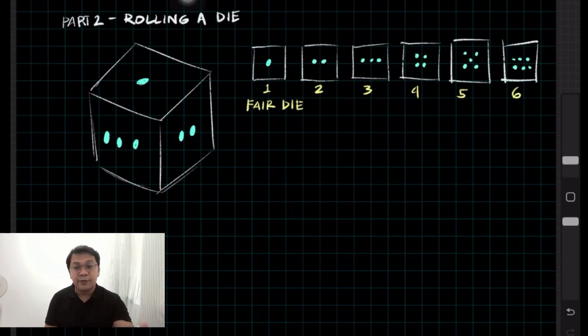In order for us to calculate the probability of getting a number out of rolling a die, we need to use the formula for calculating probability.